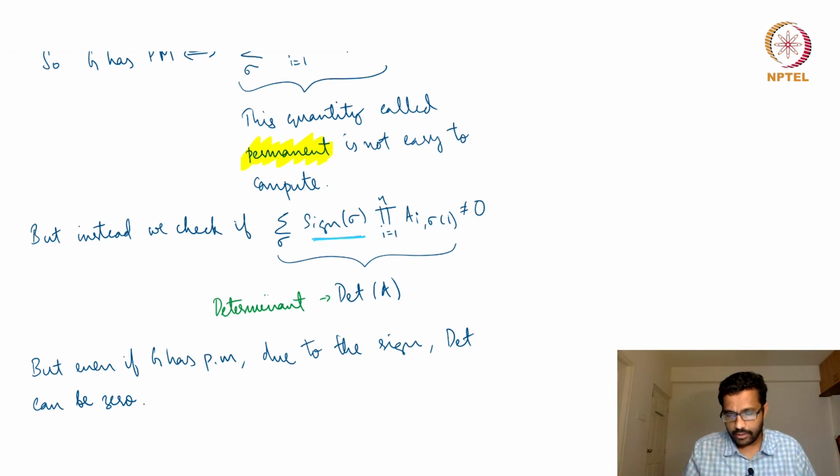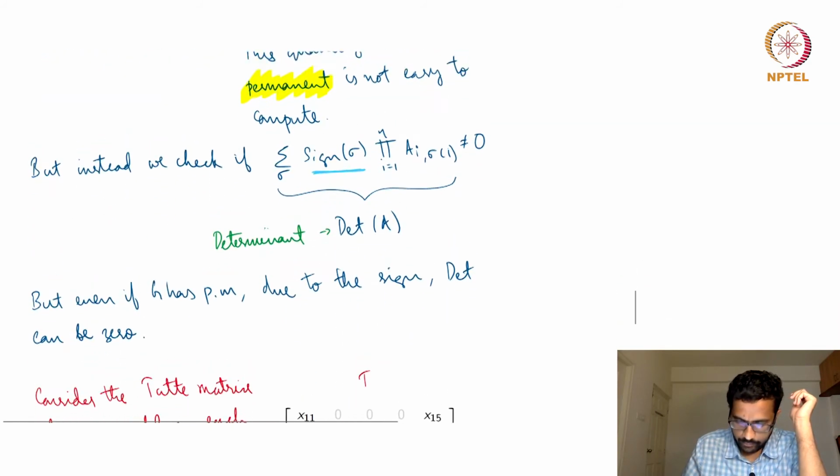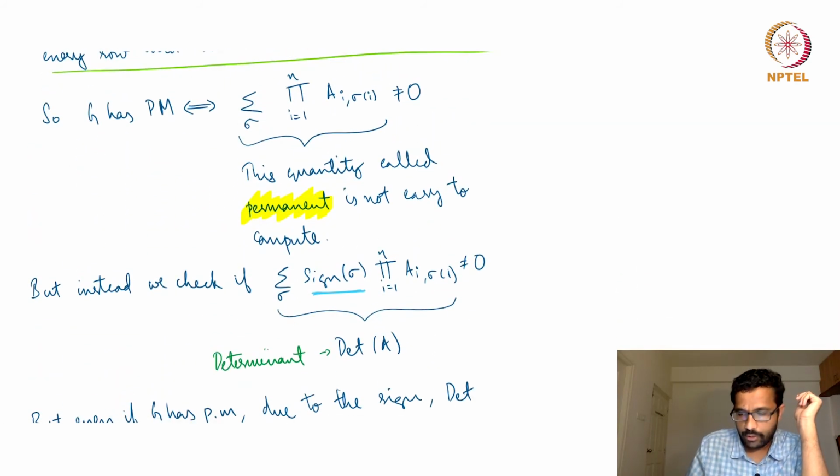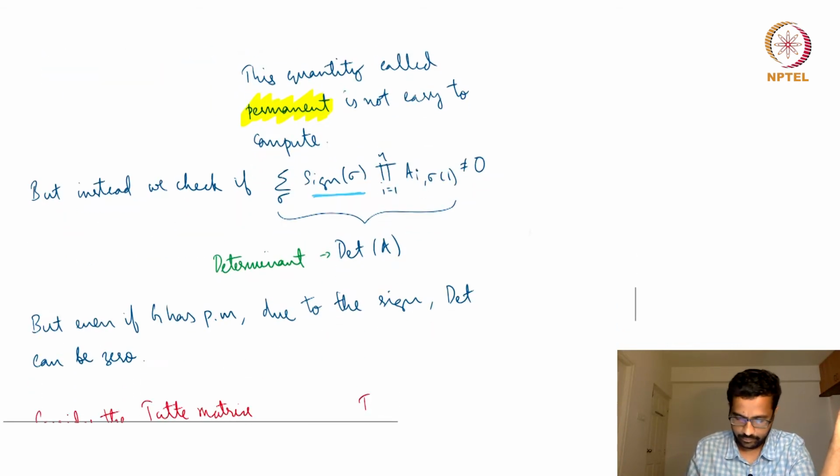Now what we know is that suppose the permanent is equal to 0, which means all these products should be equal to 0. We are still dealing with a 0, 1 matrix, so all these terms will be either 1 or 0. It's just an addition of a bunch of 1s. So if the permanent is 0, then no matter what you put as sign, the determinant will also be 0.